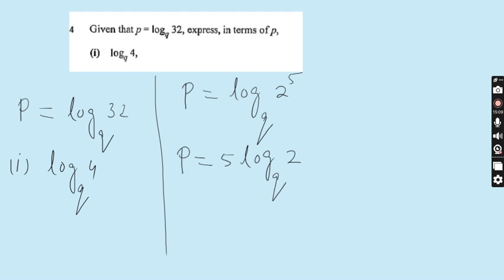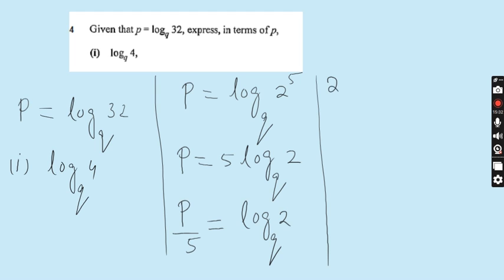First, this 5 is multiplied over here, so it should be divided on the other side. So log q 2 is p upon 5.